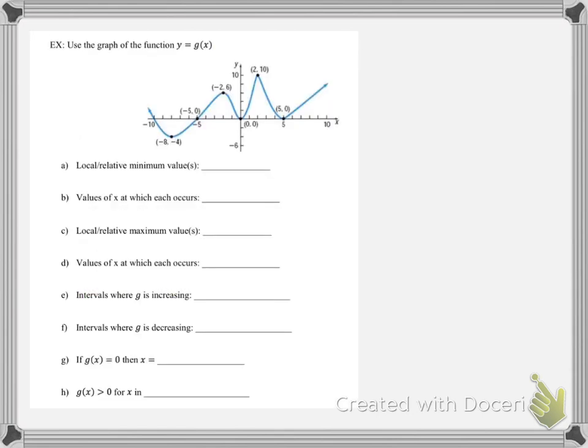So let's look at the graph of g of x. This is essentially the same as when we thought about going on our hike. You just want to think of moving across this graph from left to right, and we're going to look for all these same things. So can somebody tell me what one of the local minimum values is?